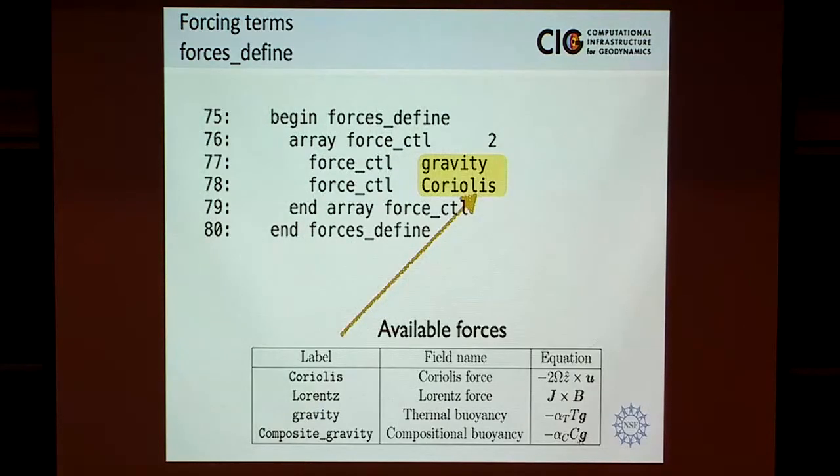And the next block, what forces shall we put in the model? Gravity and Coriolis for this case. It also supports the Lorentz force for the dynamo problem, and for the double diffusive model, there's another item for the compositional gravity, compositional buoyancy.